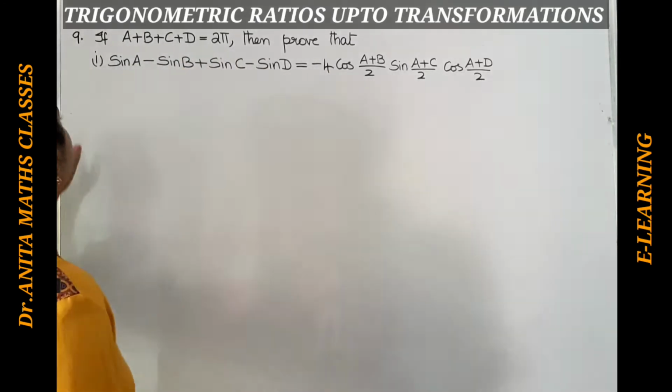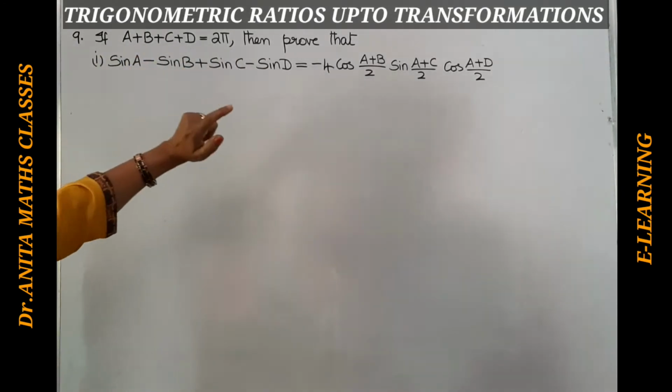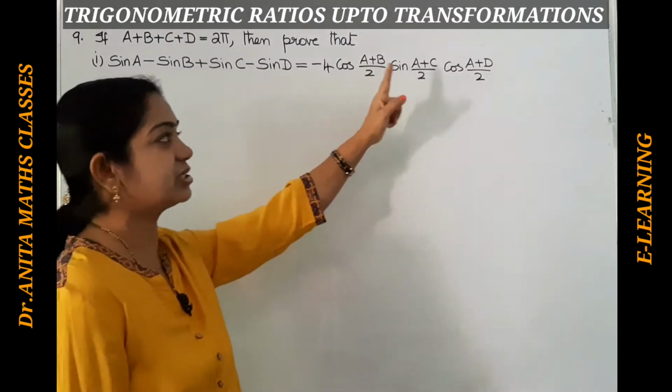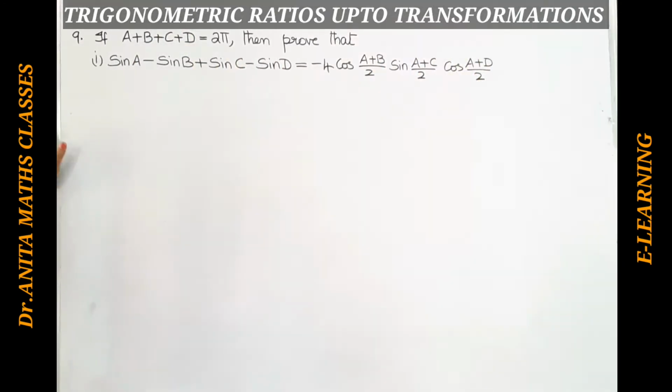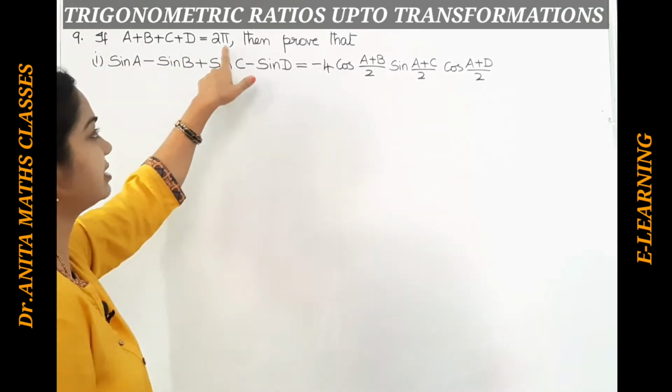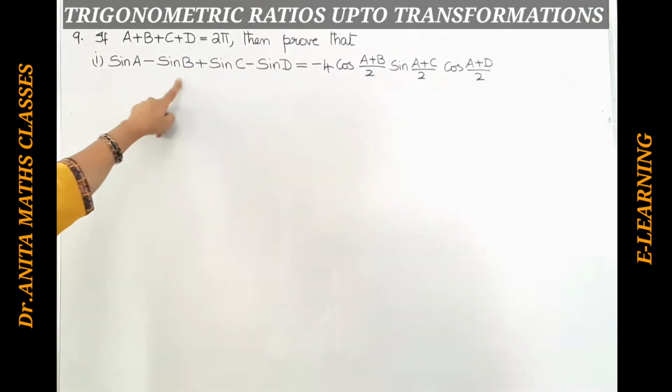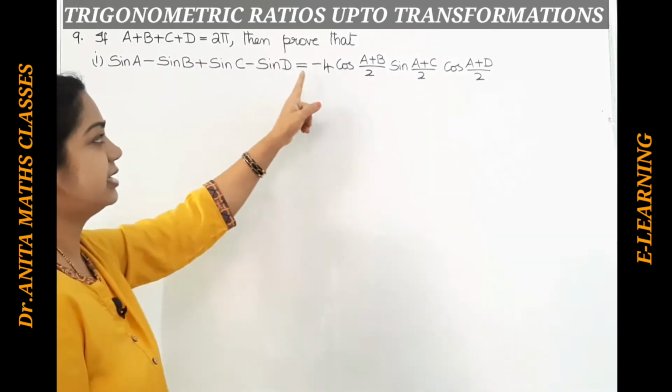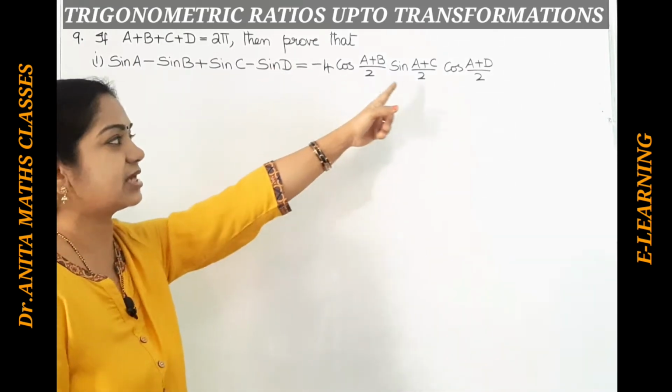I have noted down the 9th problem; till the 8th problem I have done in the previous video session. Just click on the icon to get it notified. So the 9th one: if A plus B plus C plus D is 2 pi, that is 360 degrees, then prove that sin A minus sin B plus sin C minus sin D is equal to minus 4 cos sin and all that.